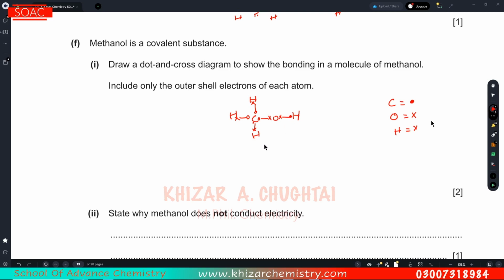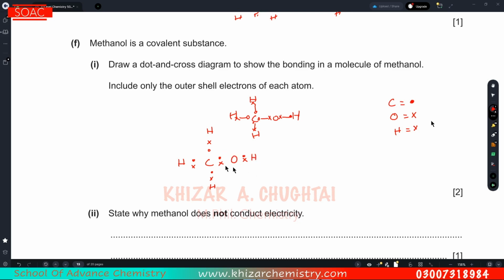So finally, carbon with dot and cross, hydrogen, dot and cross, hydrogen, dot and cross, hydrogen, dot and cross, oxygen, again dot and cross for hydrogen.